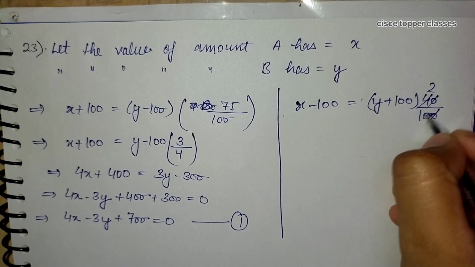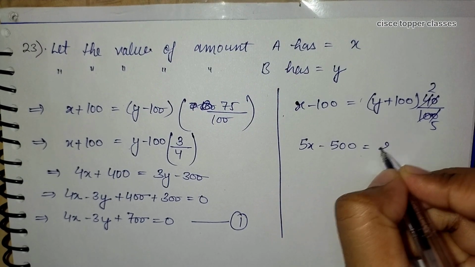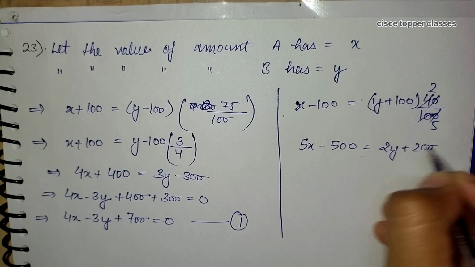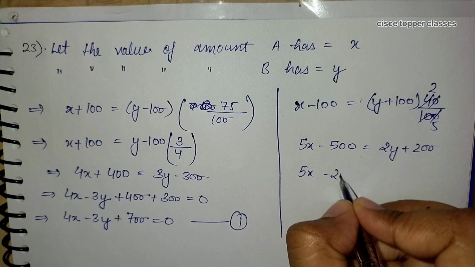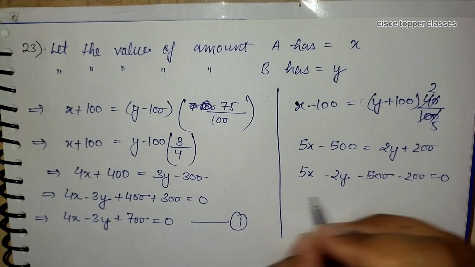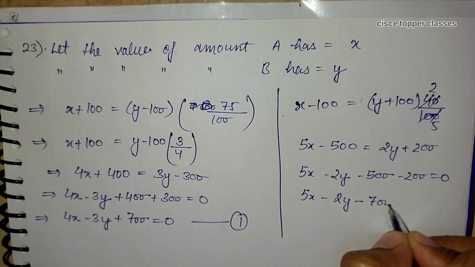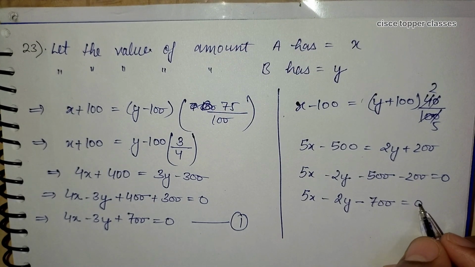This will be cancelled out, and here we will get 2 by 5. So 5x minus 500 equal to 2y plus 200. We can write this as 5x minus 2y minus 500 minus 200 equal to 0, so 5x minus 2y minus 700 equal to 0.